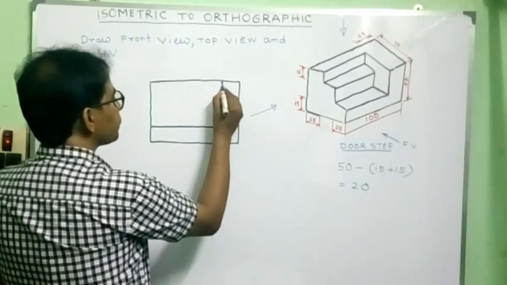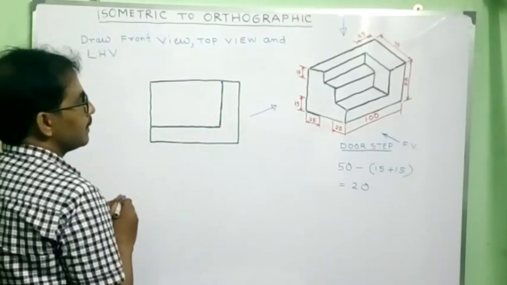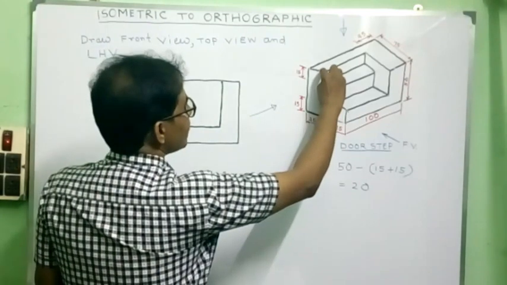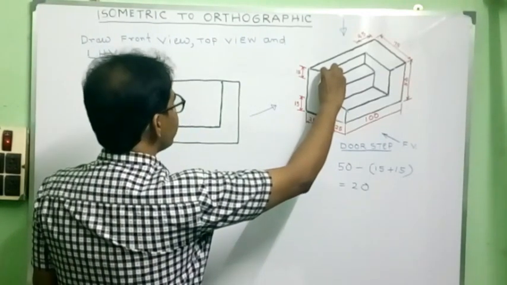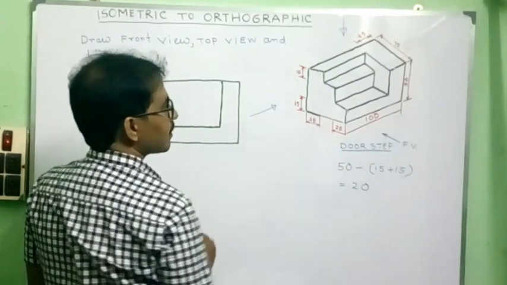Now draw the vertical line. Now this length is also 15. This length is 20.